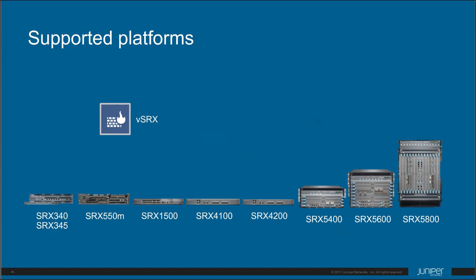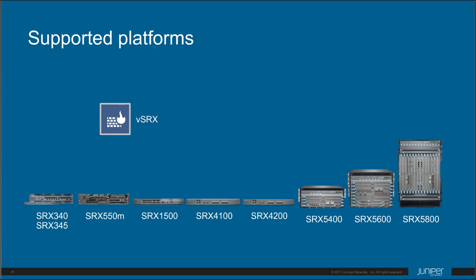Now, which are the platforms supported in SkyTP? So basically, which are the platforms that allow us to run SkyTP? Basically, most of our firewalls: the SRX 340 and 345, the 550, 1500, the 4000 series, and the 5000 series, as well as the vSRX.